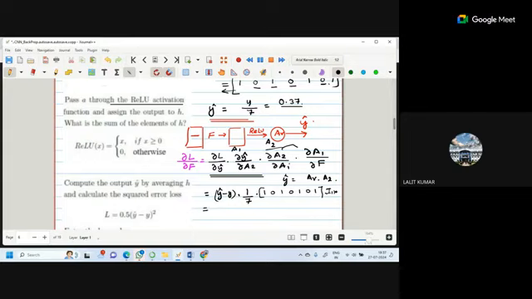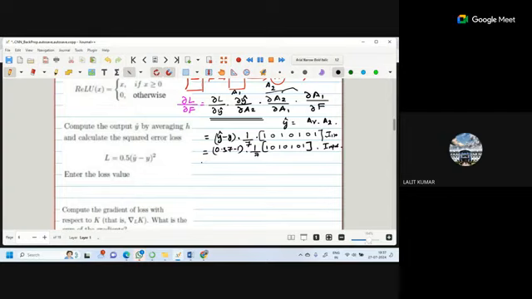So y hat minus y: sorry, I had done the wrong calculation. It will be 0.57 minus 1, times 1 by 7, times 1 0 1 0 1 0 1, and here we had the input.